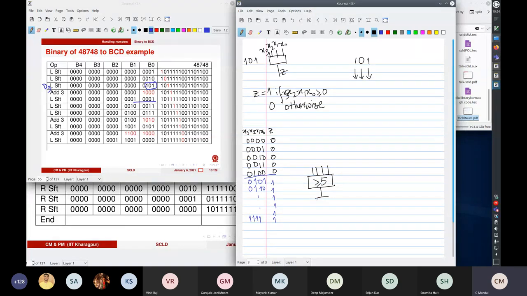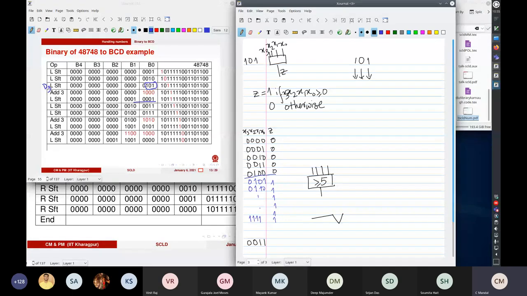Okay, you are sending it to an adder. So what is it that you want to add? You want to add 3, right? 3 is 0, 0, 1, 1. So you want to add 3. So basically you have your adder.